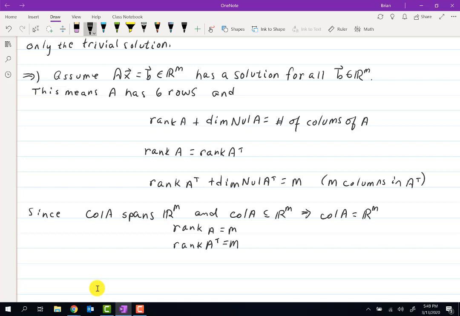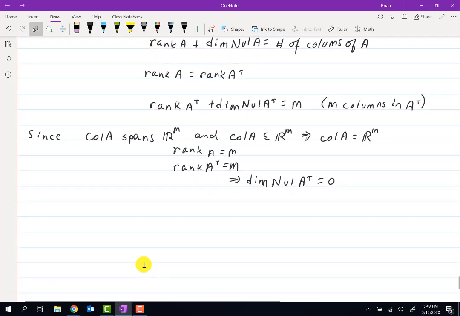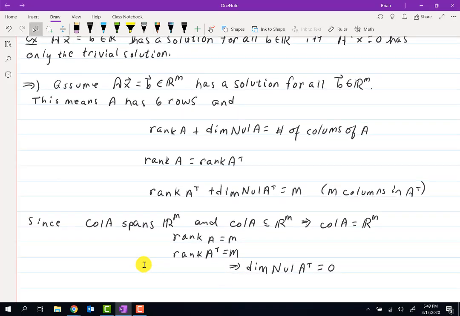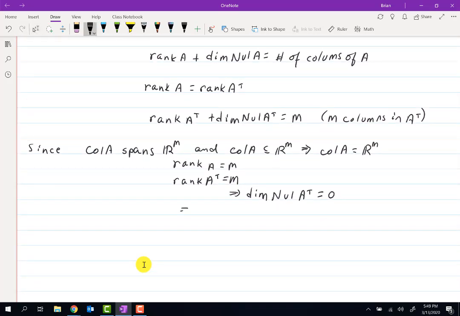But then based on this equation here, this implies that the dimension of the null space of A^T is equal to 0, which means that the only solution to A^T x equals 0 is the trivial solution, or is 0, and that takes care of that.